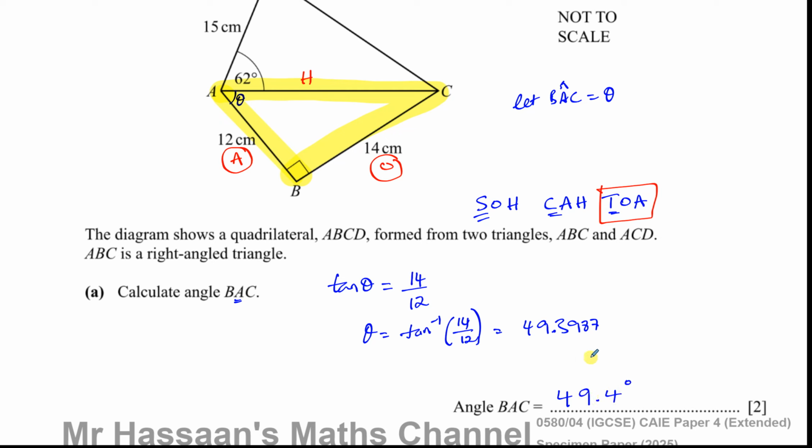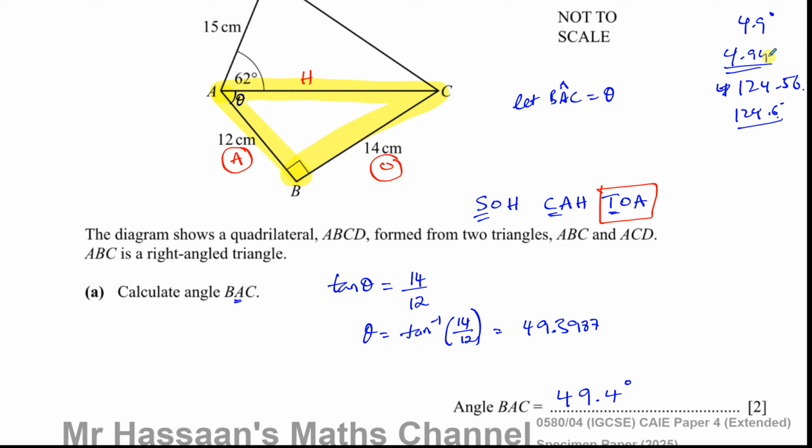You have to be careful about this because sometimes your angle might come out in certain questions as, for example, 4.94 or, for example, 124.56. If it comes out like this, you have to write it as 4.9 degrees, one decimal place, or 124.6 degrees, one decimal place. It's not the same as length.